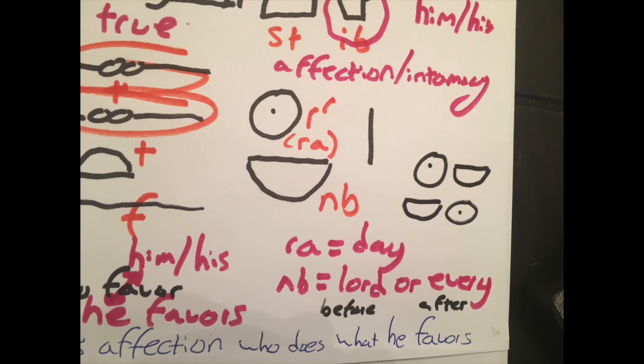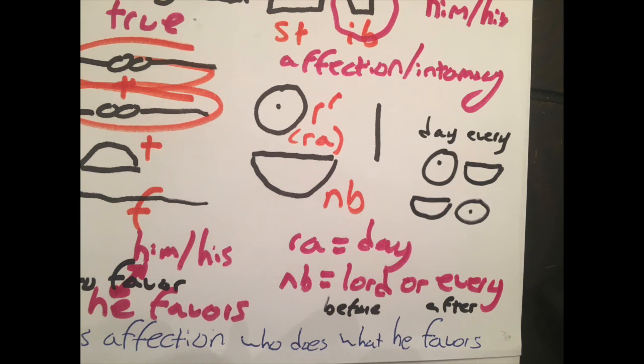So in this case, if I write both Ra, Nub, and Nub, Ra there to the side to show how the placement of NB, the basket without a handle, matters: if it's after, so now you've got day, every, because if it's after the verb or the word, it becomes the word every.